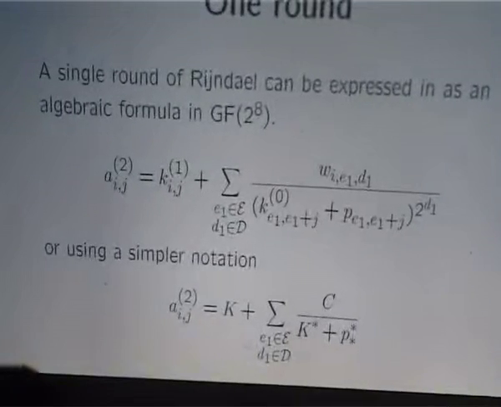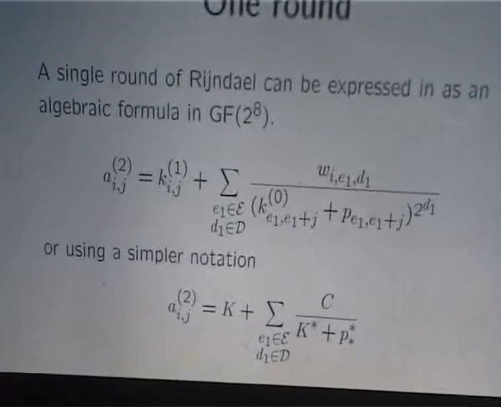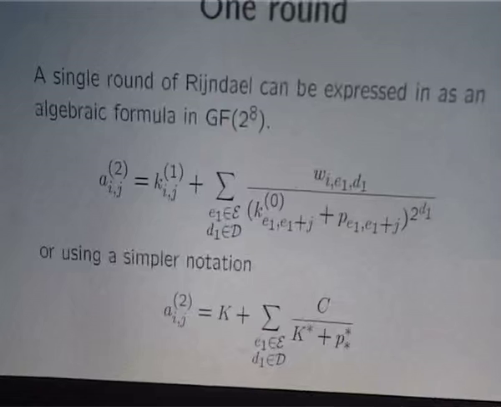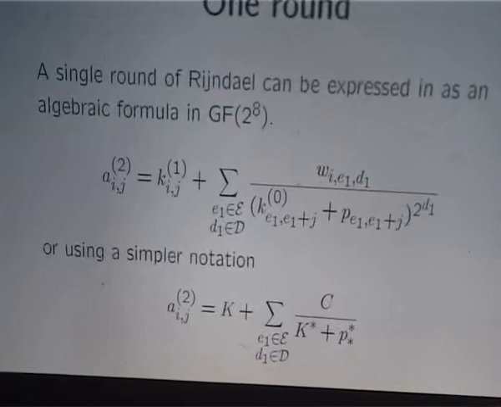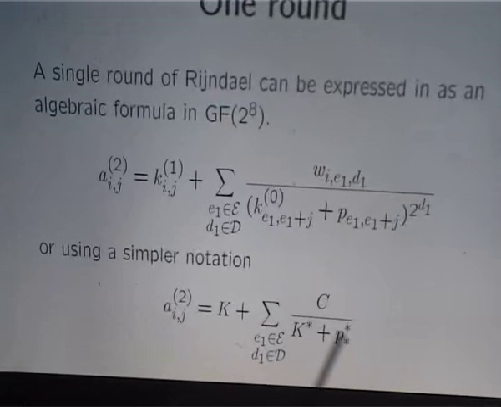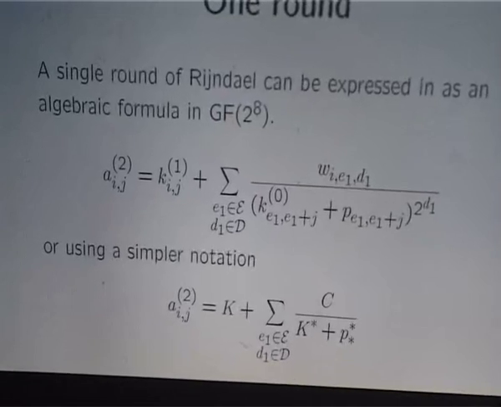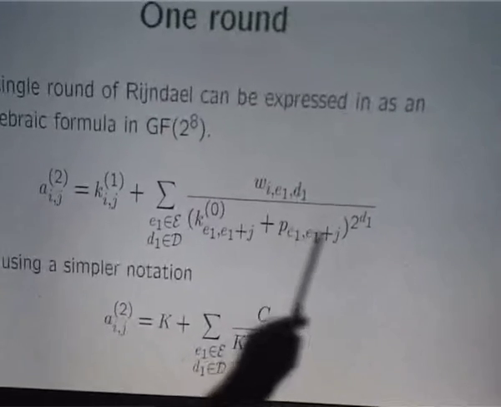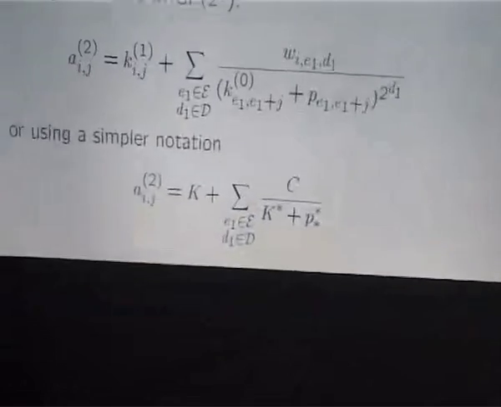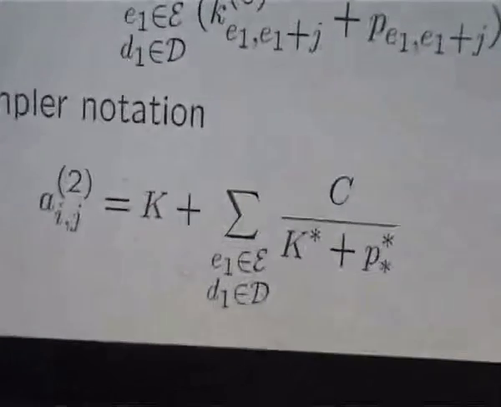We just write a capital K, that is some key byte. We know which key byte, but I don't really care which one. The P is a plaintext byte, and the star subscript means I know which one of the 16 plaintext bytes that is, but for this notation we don't really care which one.